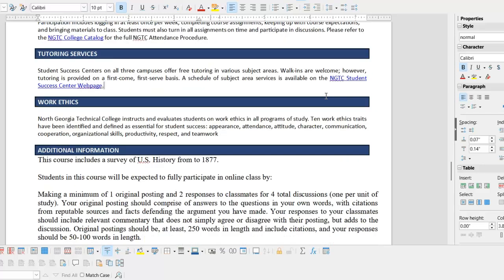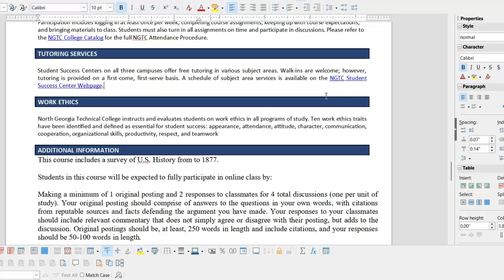And then I like this work ethics part. North Georgia Technical College instructs and evaluates students on work ethics in all programs of study. 10 work ethics traits have been identified and defined as essential for student success: appearance, attendance, attitude, character, communication, cooperation, organizational skills, productivity, respect, and teamwork.